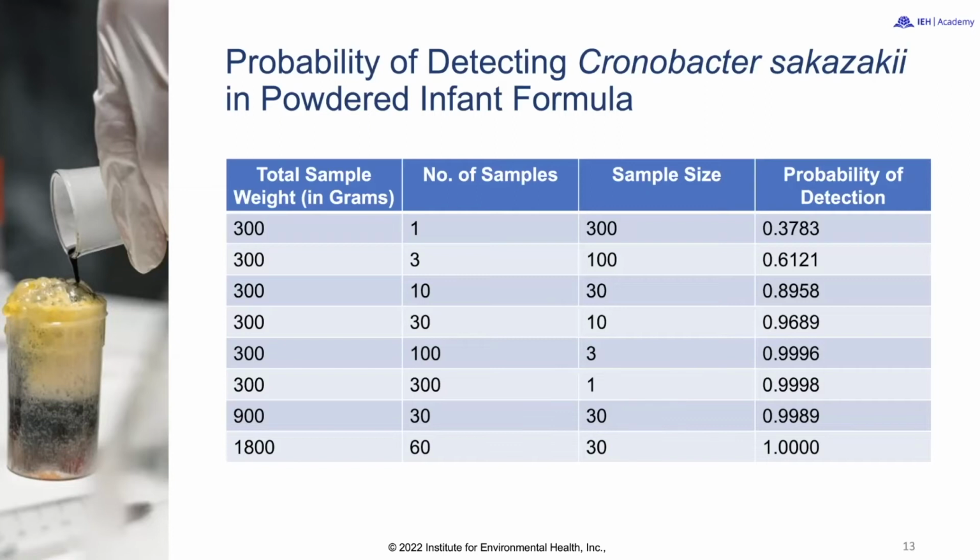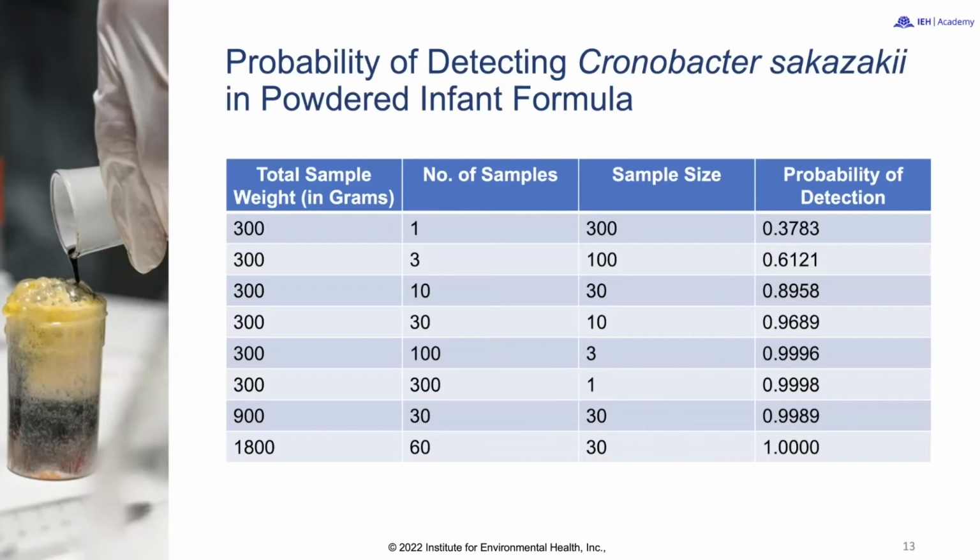You can do better. You can take 100 samples of 3 grams each or 300 samples of 1 gram each, and you're going to be better than 99% chance of detecting contamination. But look here, if I triple the amount of product I test, still using 30 samples, the improvement I see goes from 96.8% chance of detecting it to 99.8%.